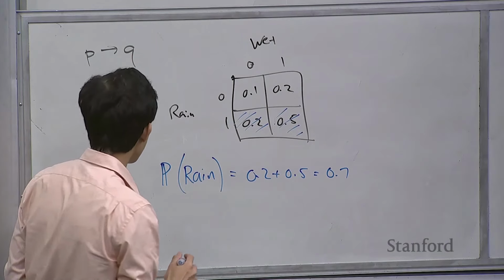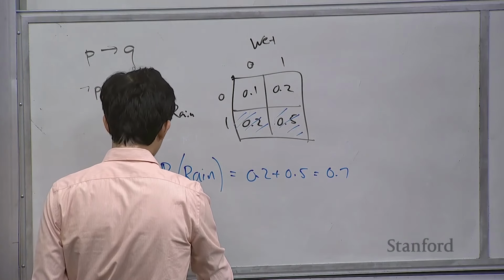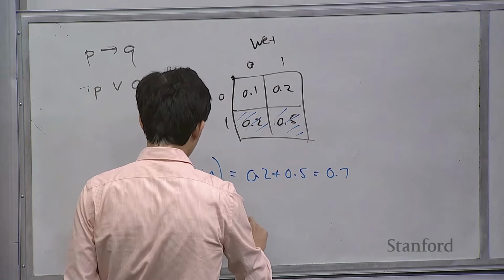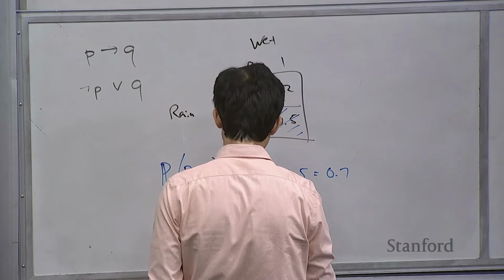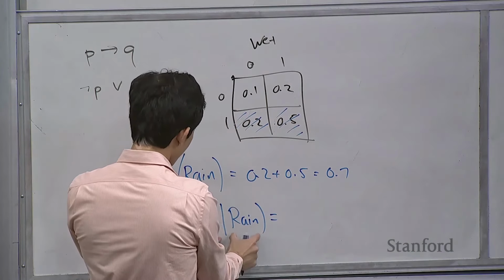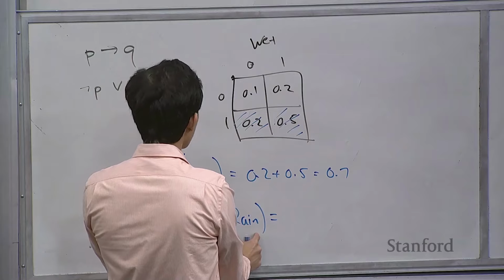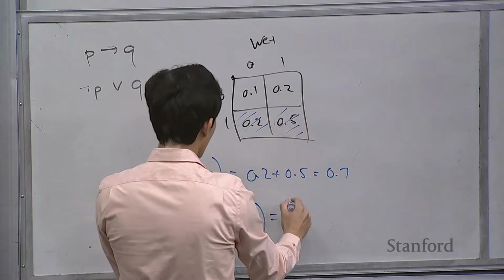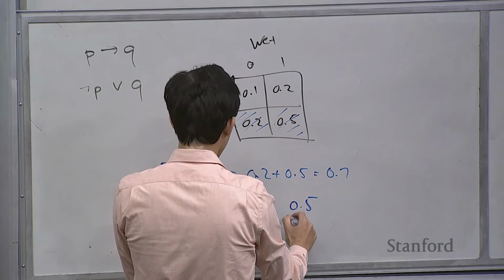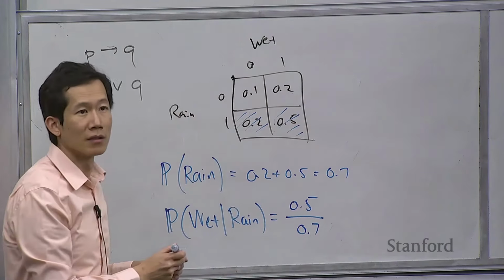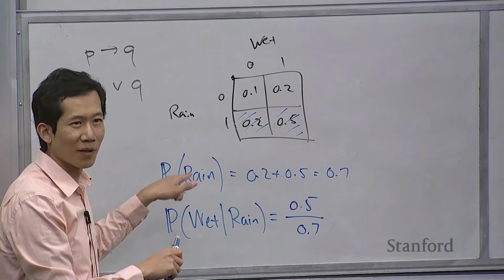And the probability of wet given rain is going to be the probability of the conjunction, wet and rain, which is here, 0.5, divided by the probability of rain, which is 0.7. Does that help?